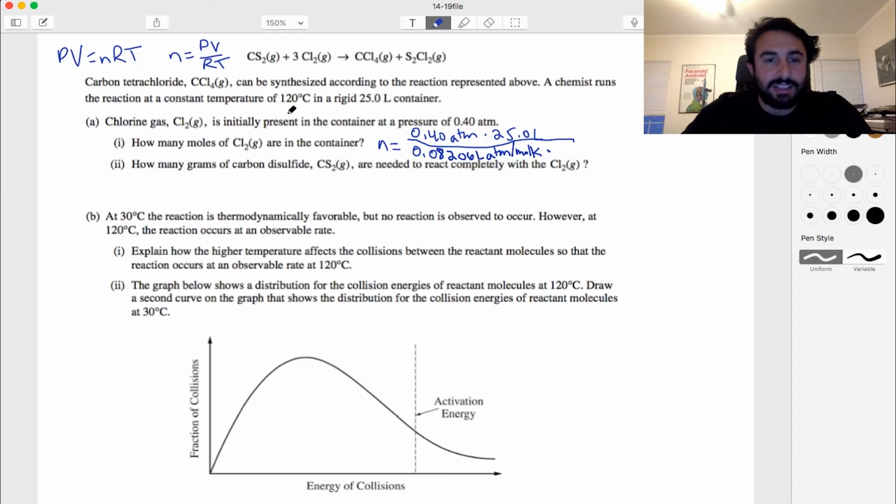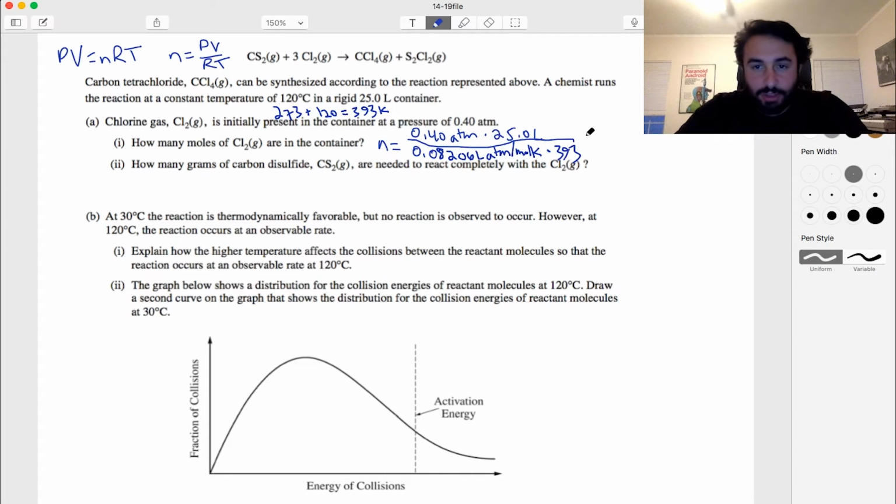We need this in Kelvin, and 273 plus 120 is 393 Kelvin, right? So we always add 273 to the Celsius temperature to get the Kelvin temperature. So that's going to be 393.